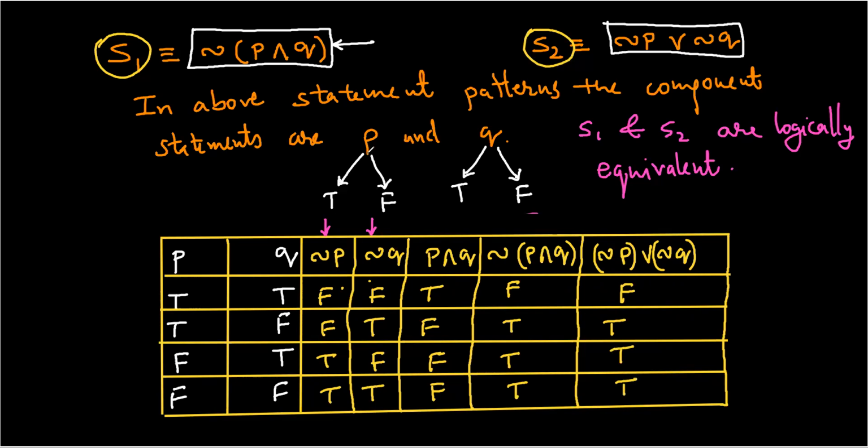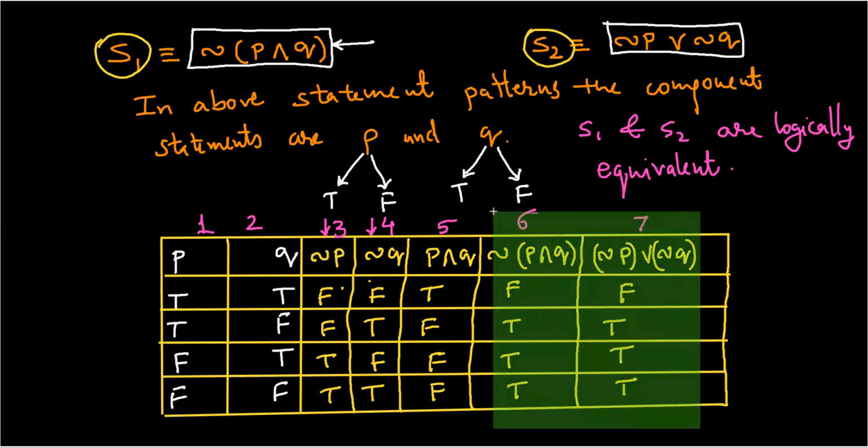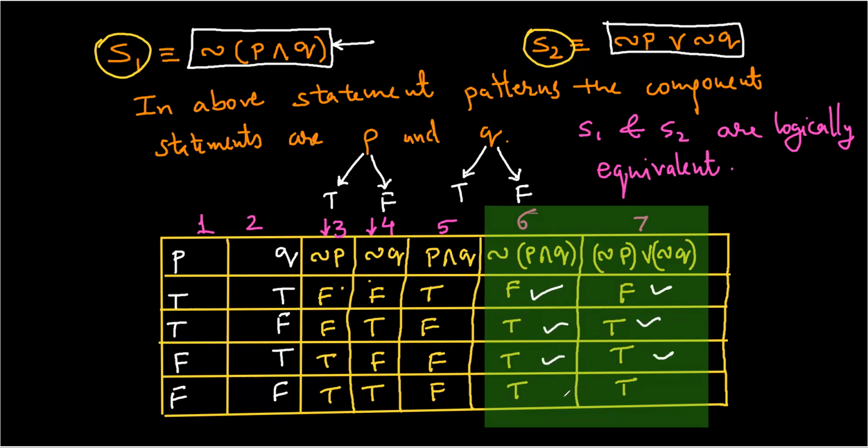Now you can notice, let me number the columns. This is column number 1, column number 2, this is 3, this is 4, 5, 6 and 7. Now students, if you check column number 6 and 7, you notice that these two columns are identical: false, false, true, true, true, true, true, true.